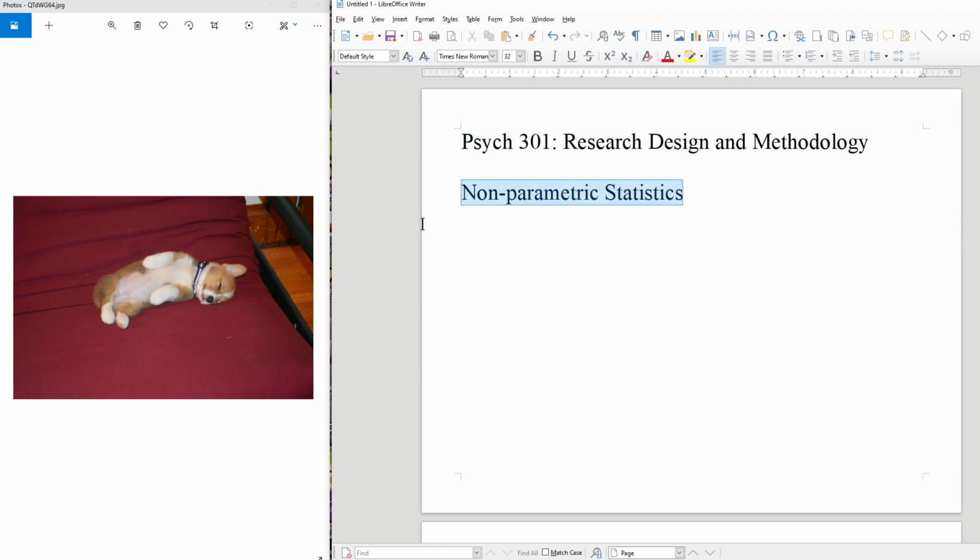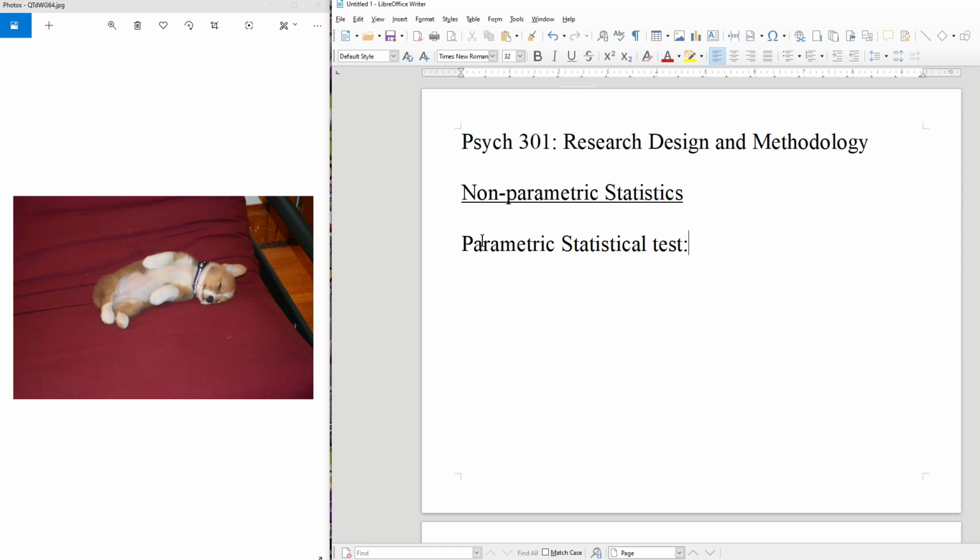So non-parametric statistics, that's our topic. All of the tests we've done so far, the t-tests and the F-tests, where you have to go look at the t-table or the F-table, you're doing what's called a parametric statistical test.